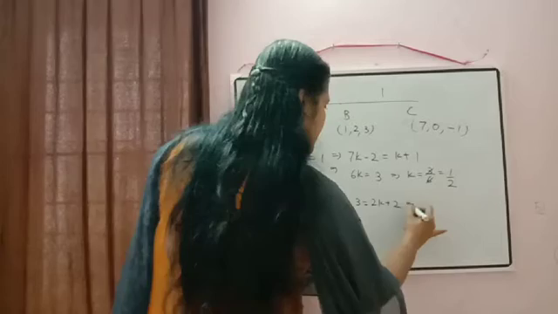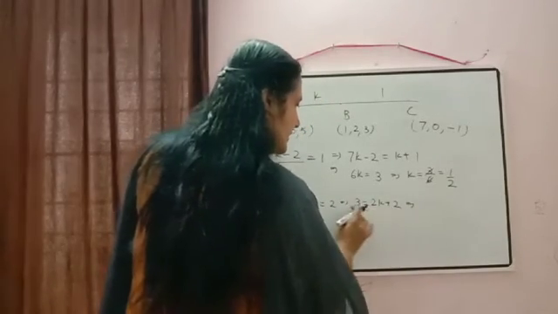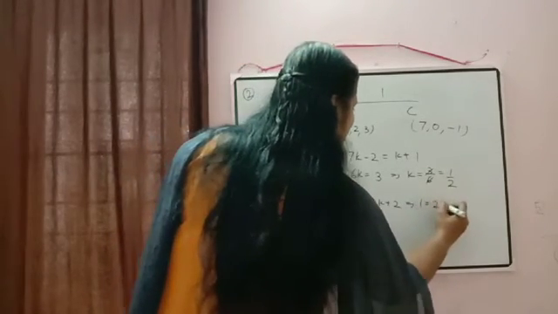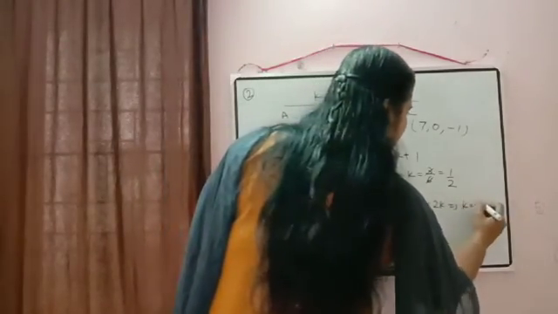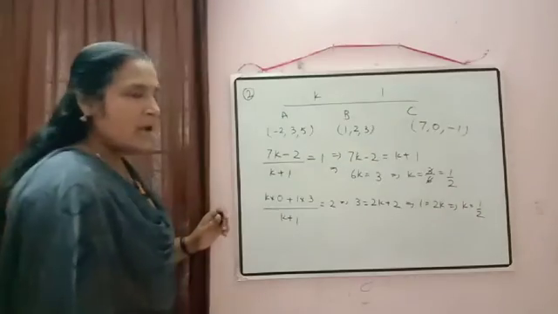Now shift the 2 over: 3 minus 2 is 1, so 1 is equal to 2k. Shifting the 2 again, we get k is equal to 1 by 2.